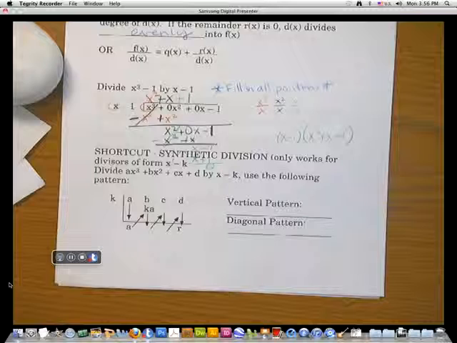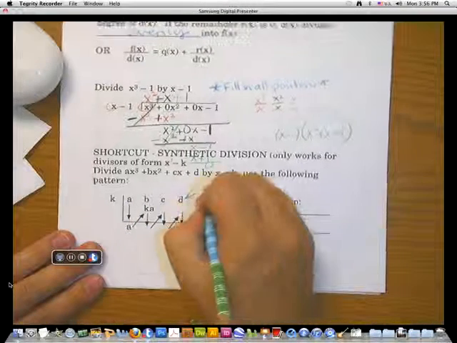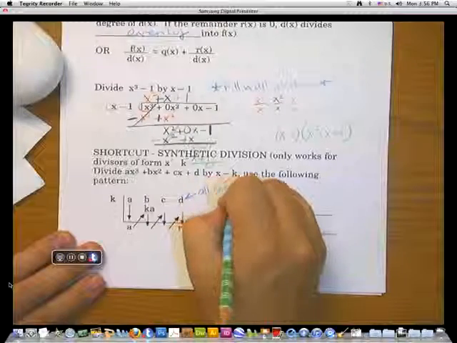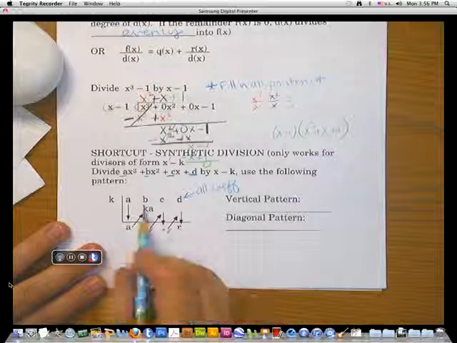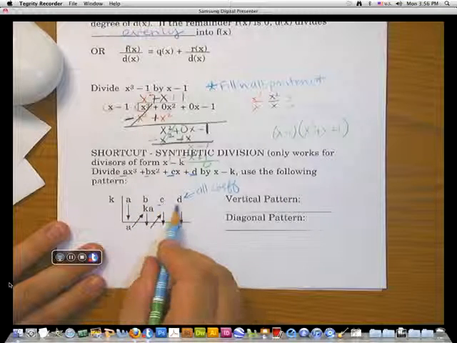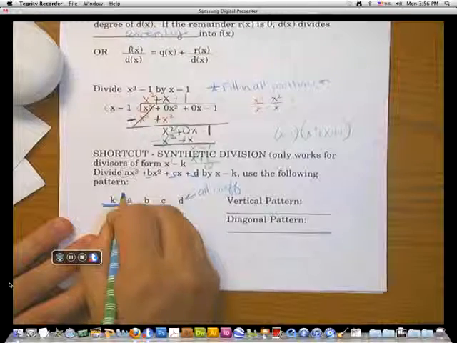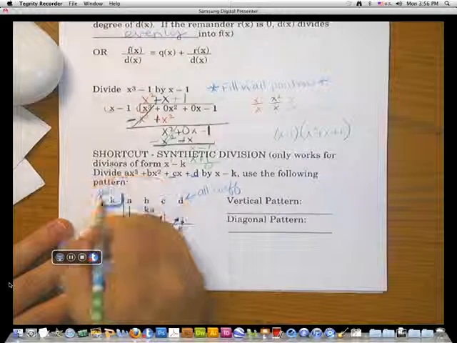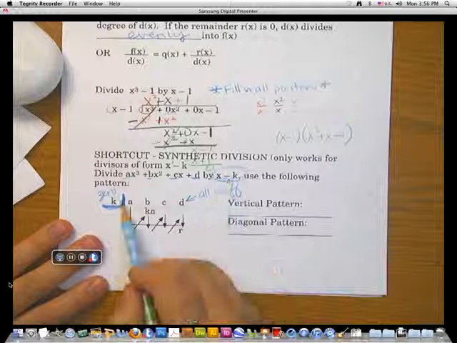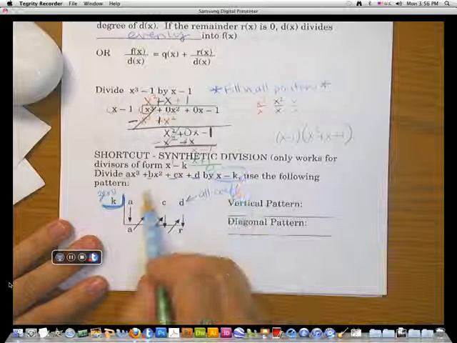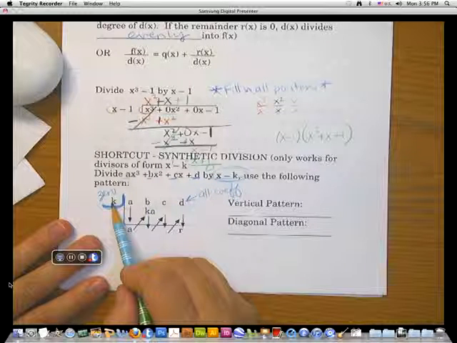So the pattern is we line up all the coefficients, a, b, c, d. Those are all the coefficients. And this is our 0, our factor. Notice it's a solved factor. So if this says x plus 3, then we put -3. If it would have been x minus 4, we would have put +4.